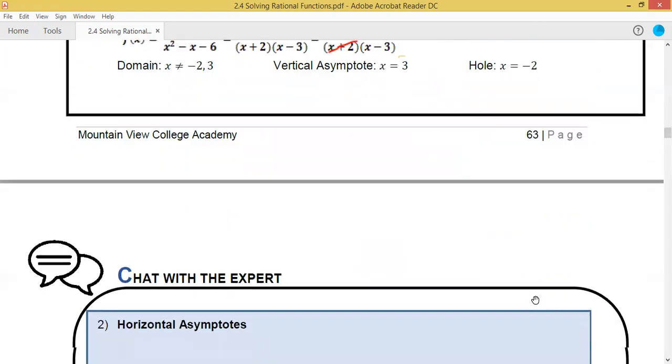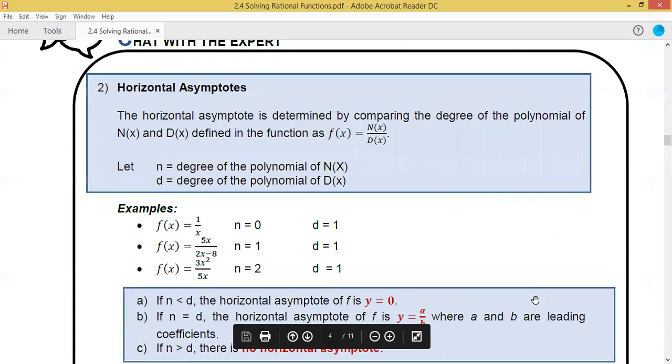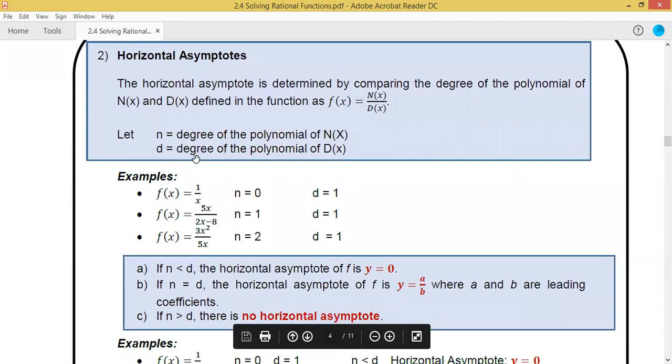Now, the next one, how to solve for horizontal asymptotes. You only need to find the degree of the numerator and the denominator. To be sure with that one, you need to arrange the exponents from the highest to the lowest. For example, in number 1, the degree of the numerator is 0, since there's no variable.